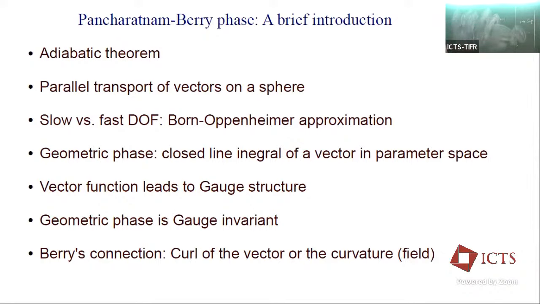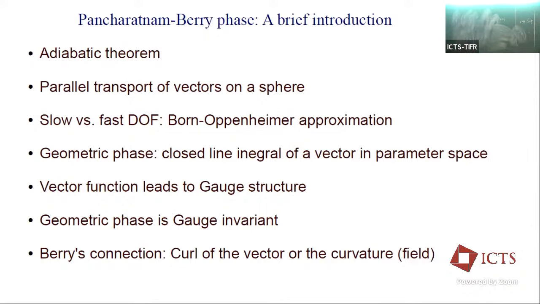That part I am not considering in detail, but what Berry showed most importantly is that if you make a gauge transformation, when you consider this like a vector field that depends on the position variables, you can make a transformation.